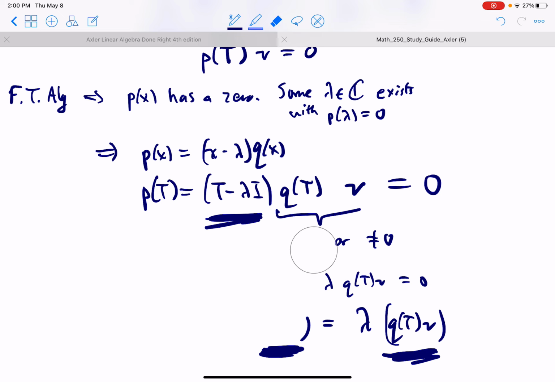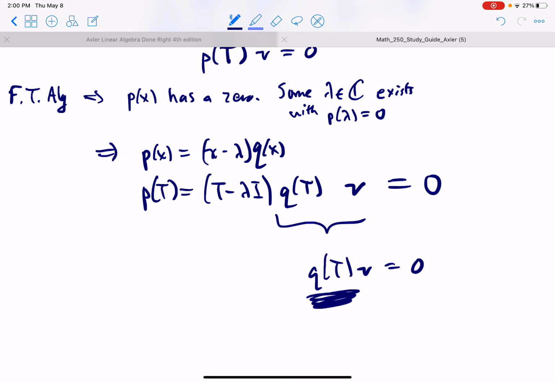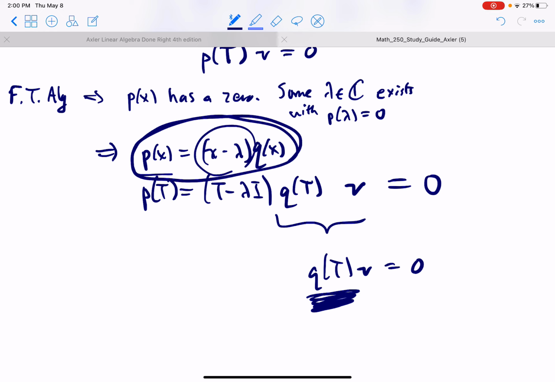Now, if it is 0, same thing. We're going to do induction on the degree. So if it is 0, then q of T v is 0, and q has strictly smaller degree. It has degree 1 less than p, because we took p and divided it by the linear x minus lambda. If p had degree 4, q has degree 3.